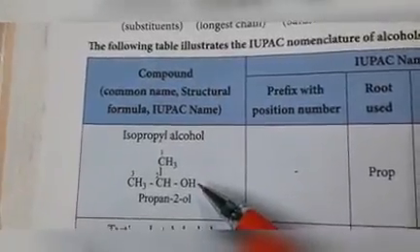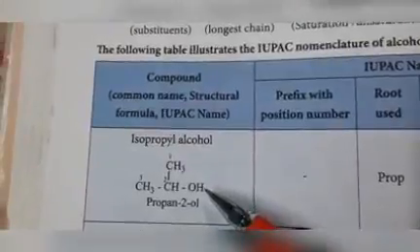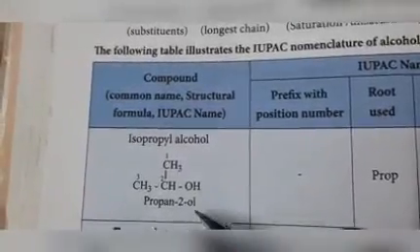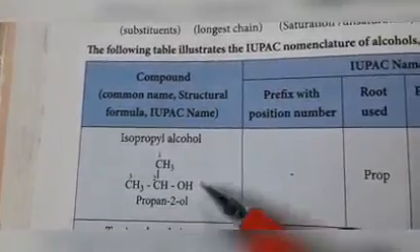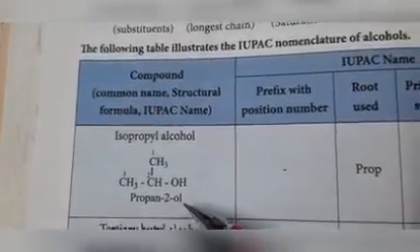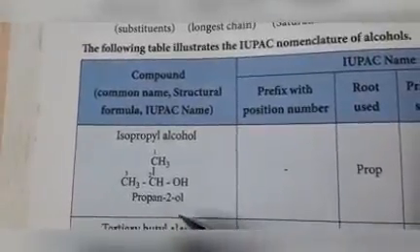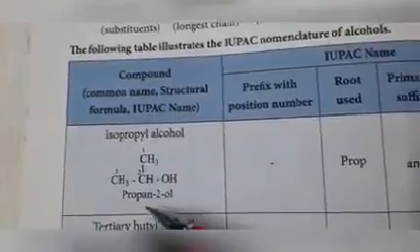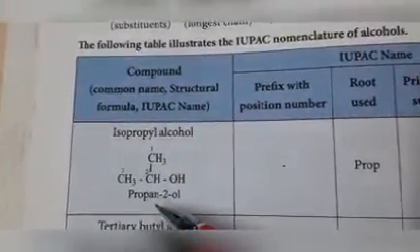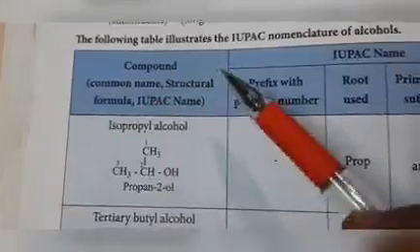If alcohol is present, the terminal E of the alkane name is replaced by OL, so you get propanol. If the OH group is attached to the second carbon, the name is 2-propanol or propan-2-ol.